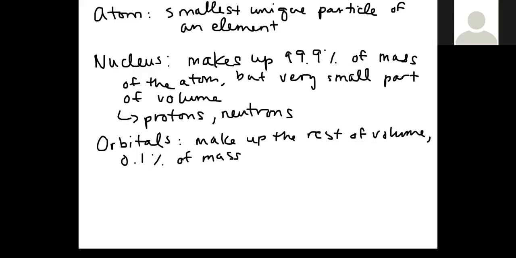And the way we measure the mass of a proton and neutron is something called an atomic mass unit.